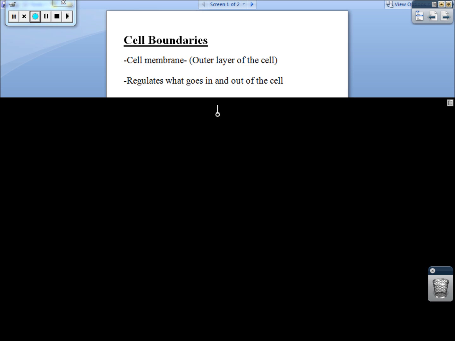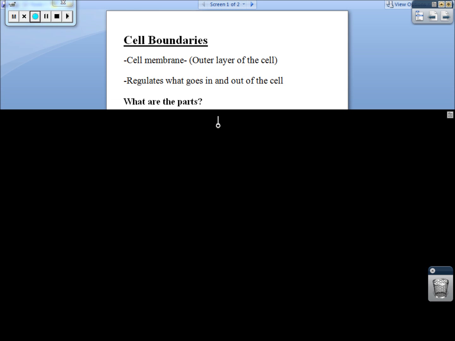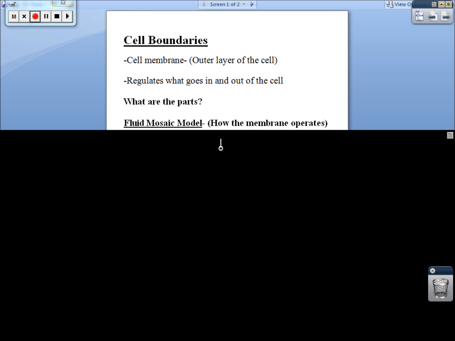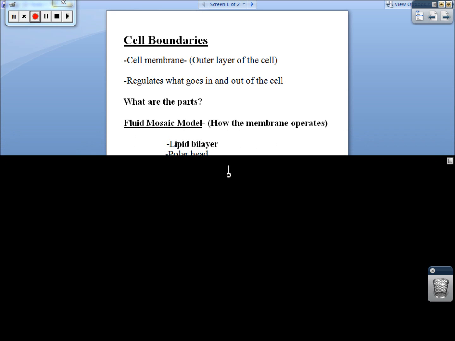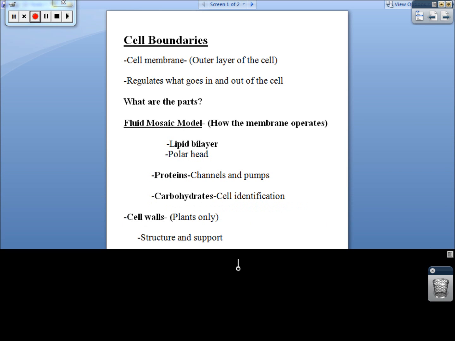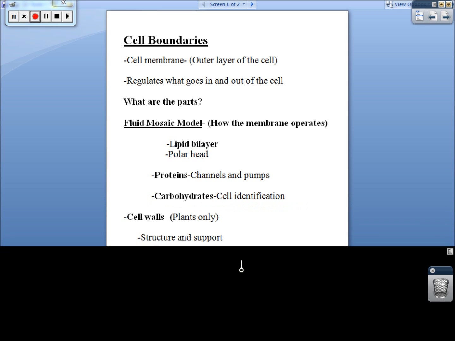Okay, so again, talking about the cell membrane. When we talk about the cell membrane, there are some basic parts, and a lot of times they talk about the fluid mosaic model. Now, a model is something that's similar.